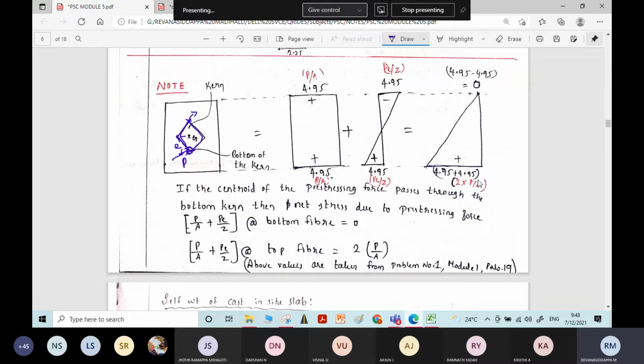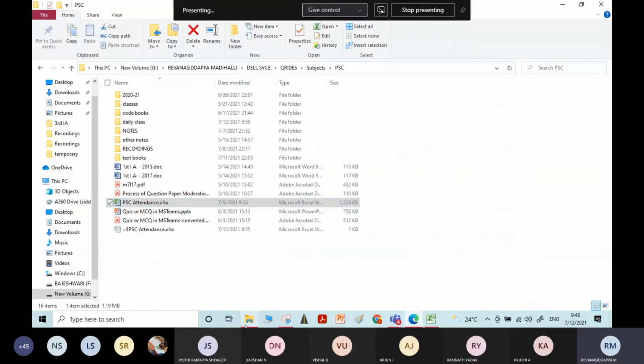We have also solved one problem with the same case. I will show you one problem in module 1.